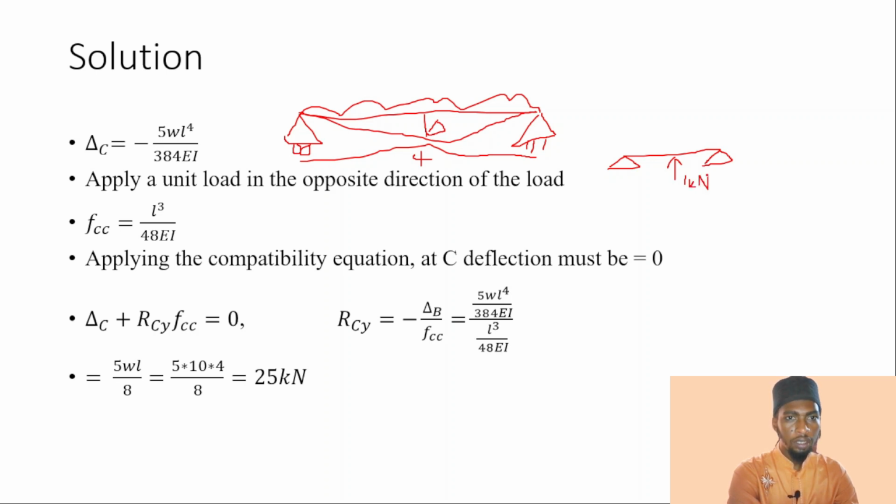If you look at this arrangement now, it's like a simply supported beam carrying a point load at the center, but the point load is just in the opposite direction. The point load is at the center.